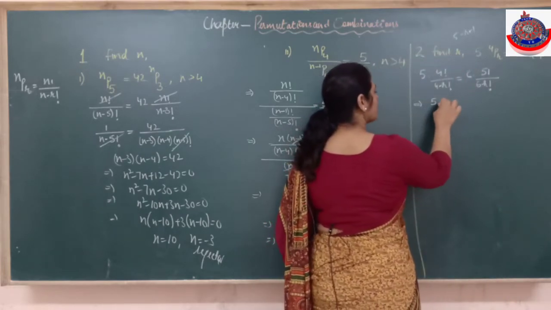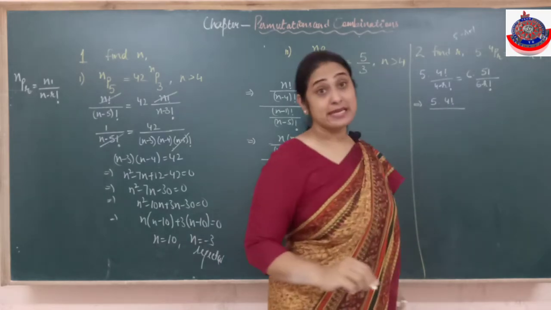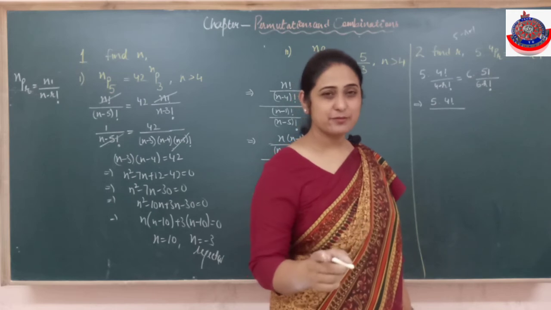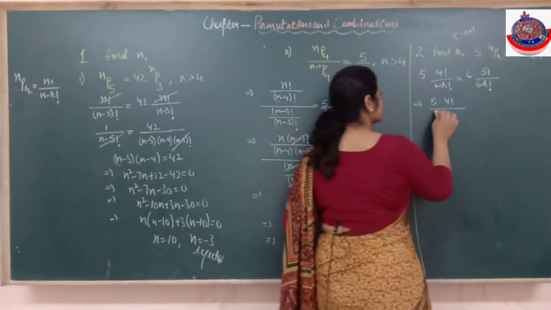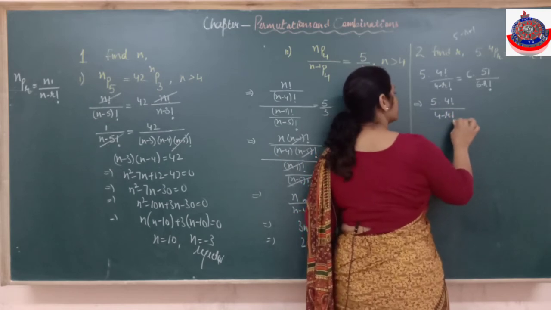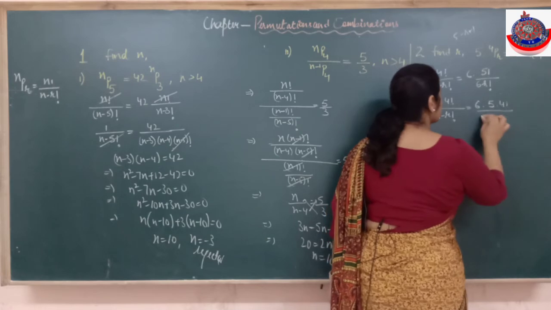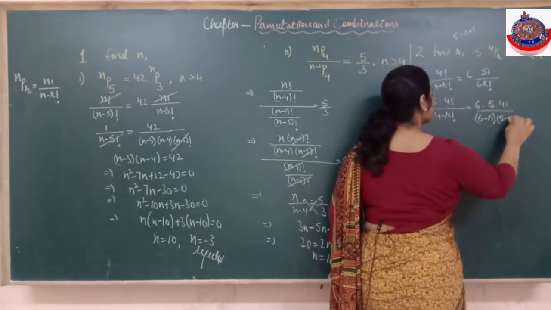So I'll open the bigger one. Between 4 minus r and 6 minus r, which is bigger? In 4, r is being subtracted; in 6, r is being subtracted. So 6 minus r is the bigger number. So I'll not touch this. So 5 into 4 factorial. 6 minus r. From 6 minus r, 1 subtracted. 5 minus r.